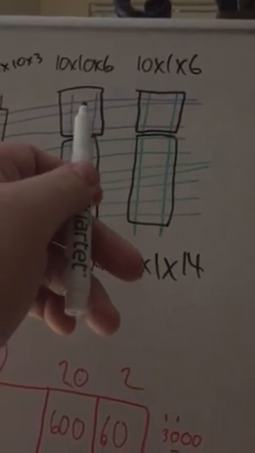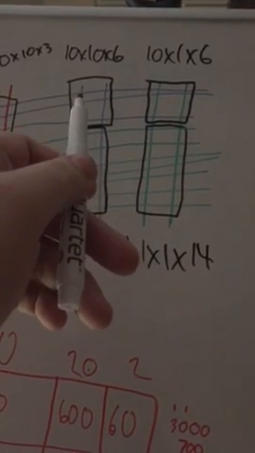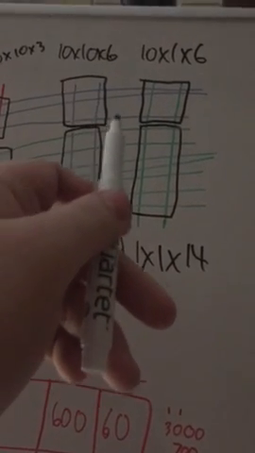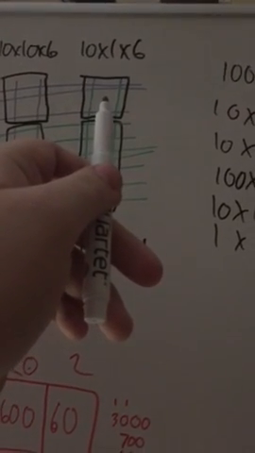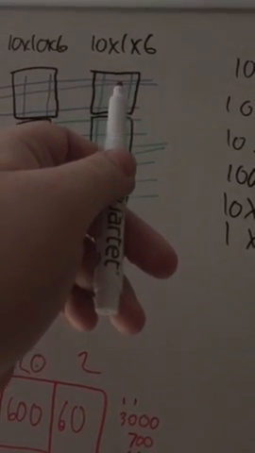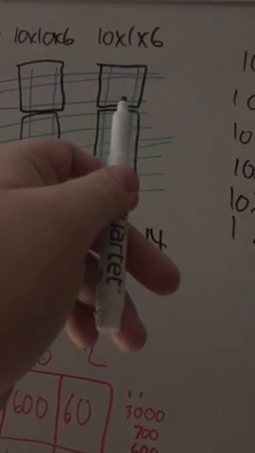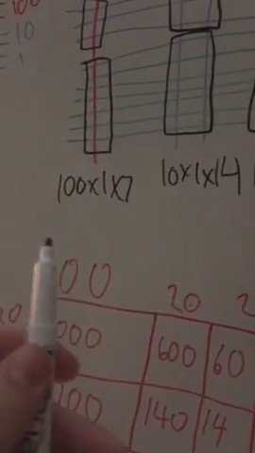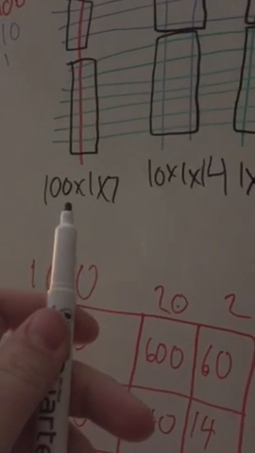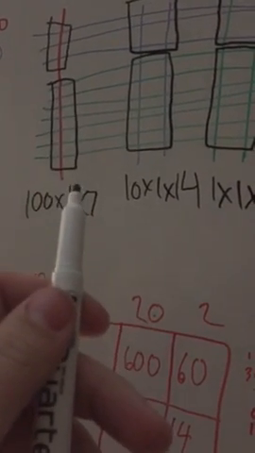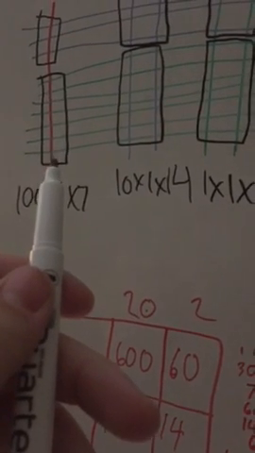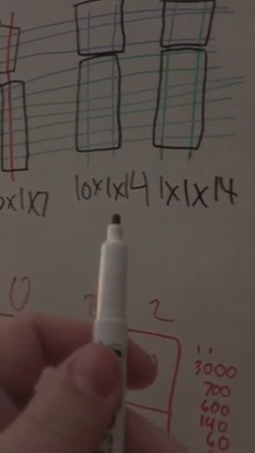Then we have 10 times 10 times 6, because 10 times 10 happens 6 times within that box. Then we have 10 times 1 times 6, because 10 intersects the 1 lines 6 times. Now down here we have 100 times 1 times 7, because the 100 line intersects the 1's lines 7 times.